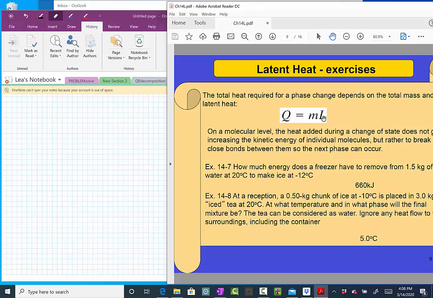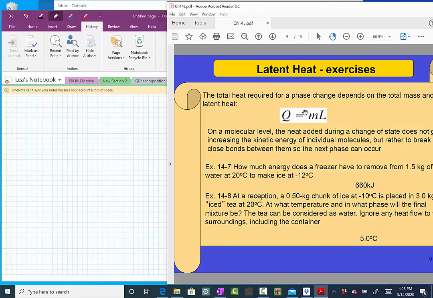If we are extracting energy, going from gas to liquid, or from liquid to solid, we'll have to put a minus sign here. If we are injecting energy, going from ice to liquid, or from liquid to steam, we'll have a plus sign here.